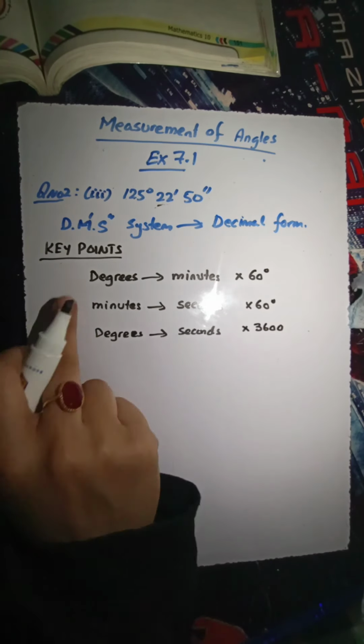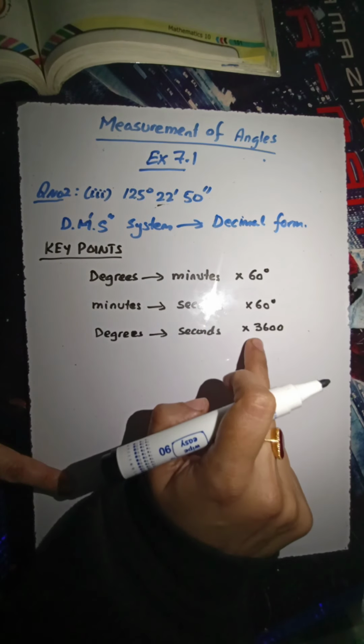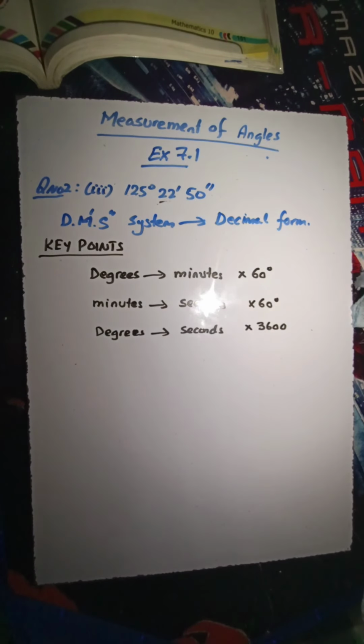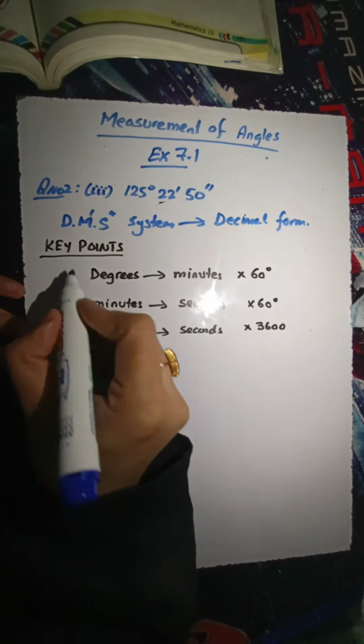So 60 into 60 is 3600. Therefore when you go directly from degrees to seconds, you are going to multiply by 3600. Whenever you go from a larger unit to a smaller unit, you always do the multiplication.